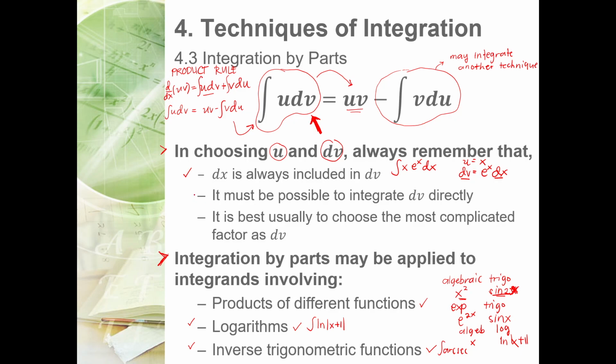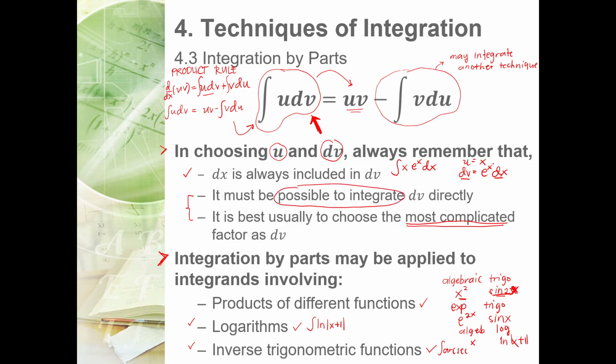For the second and the third one, I think this is a combination tip. The second one is it must be possible to integrate dv directly, and it is usually best to choose the most complicated factor or term as your dv. To sum up the second and third statements, the most complicated factor is possible to integrate.